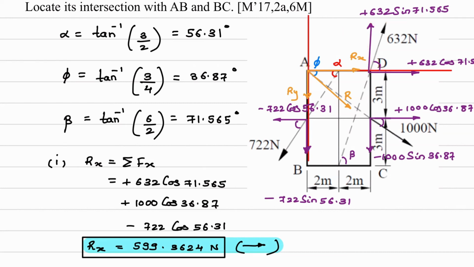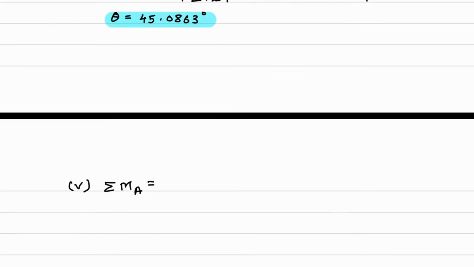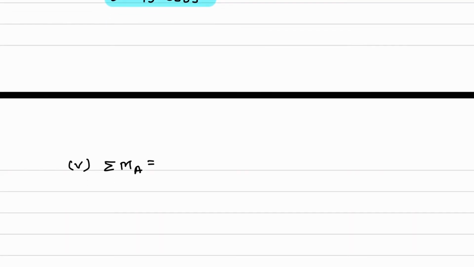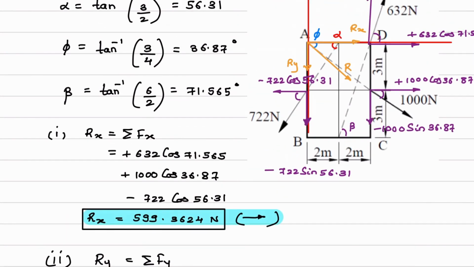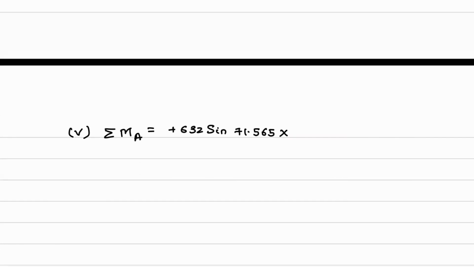So plus 632 sine 71.565 multiplied by, what is the distance? Distance between point D and point A is 4 meter. So multiplied by 4.